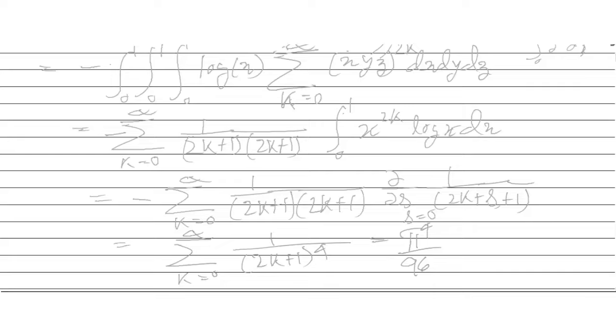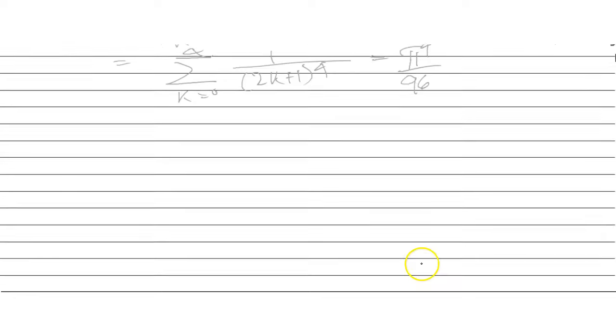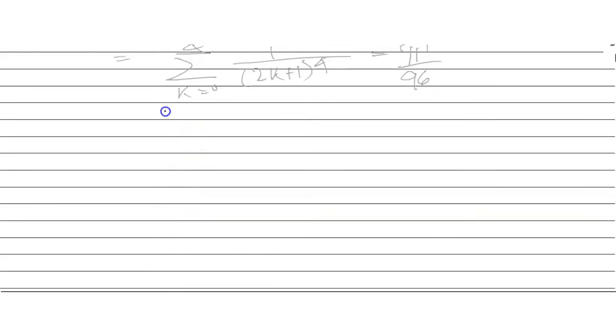So friends, how is this value pi to the power 4 by 96? Must remember zeta 4. Must remember zeta 4 is equal to summation k equals to 1 to infinity 1 by k to the power 4. And this value is pi to the power 4 divided by 90.